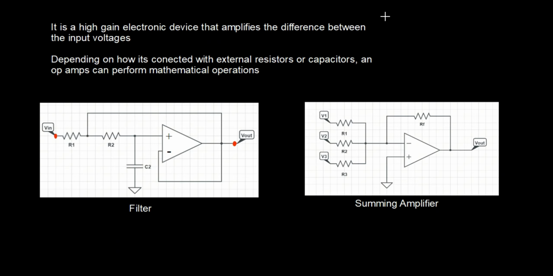As I discussed in the previous slide, the op-amp is a high-gain electronic device that amplifies the difference between the input voltages. This was highlighted by the equation V out is equal to A times the voltage difference V1 minus V2, where A is your gain factor and V1 minus V2 is the voltage difference between the input terminals.